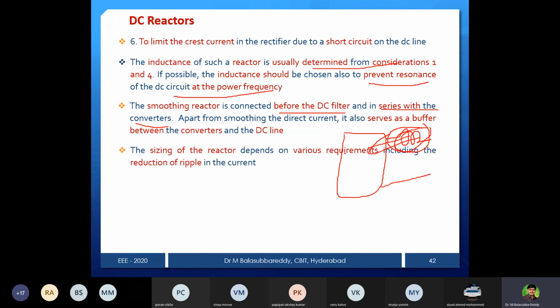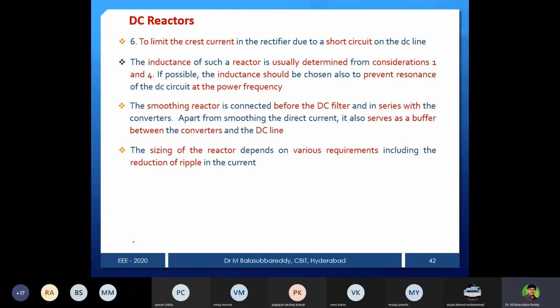So the sizing of the reactor we discussed here majorly depends on points 1 and 4, the parameters we have to consider while selecting the rating of the reactor. It depends on various requirements, including the reduction of ripple in the current. The fourth point is also related to the reduction of the ripple content.